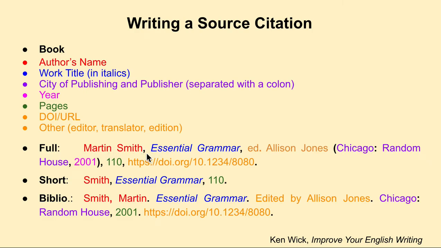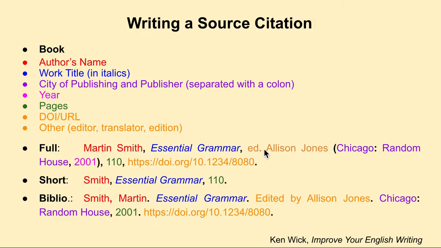So you separate, as one of the previous slides says, you take all the various elements and you separate them with commas. So you do the author, comma, then you do the work title, and this is the title of a book. So if you go back to one of those rules on style, you put the title of a book in italics. So here's the title of the work. You put it in italics, comma.